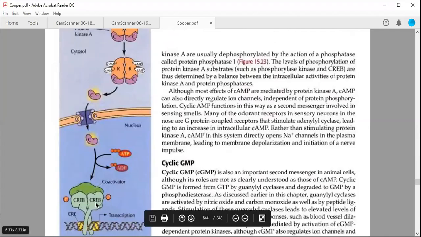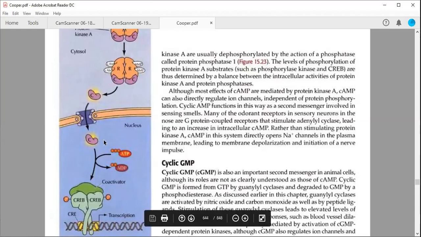These CREB proteins are transcription factors, and they will bind over this particular response element. I also told you what the response element is: a sequence of DNA over which this particular protein binds specifically. This is called CRE, cyclic AMP regulated response element, and the protein is the response element binding protein.